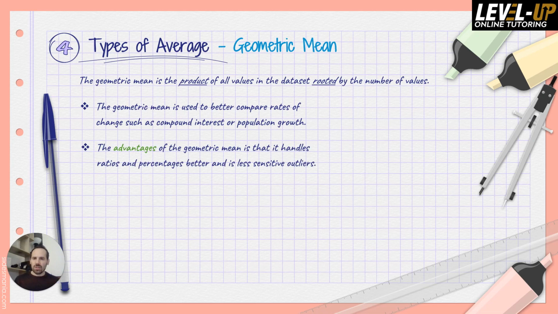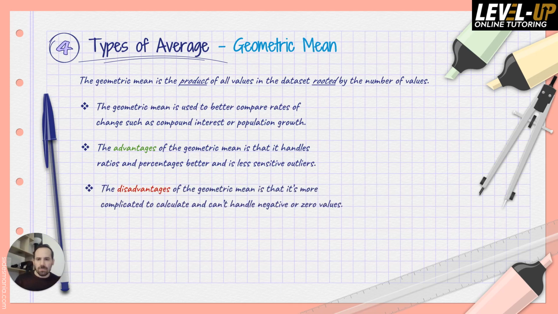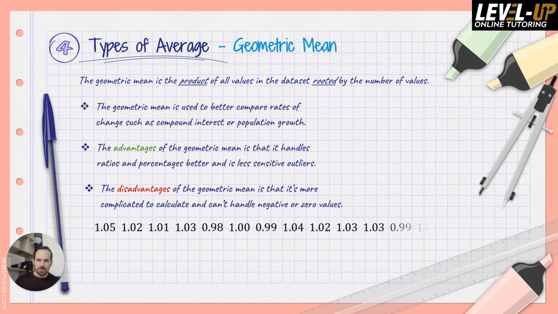The advantage is that it handles those types of data better, and it's less sensitive to outliers. It can absorb those outliers much more easily. The disadvantage is that it's more complicated to calculate, and it can't handle negative or zero values. So depending on what you're doing, it might just not be feasible.